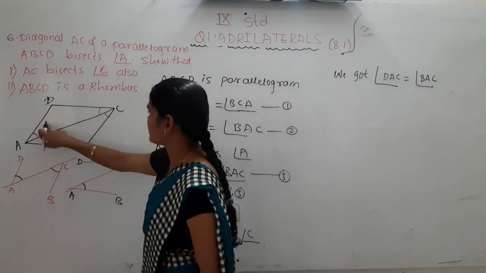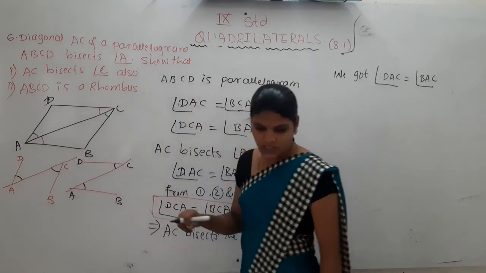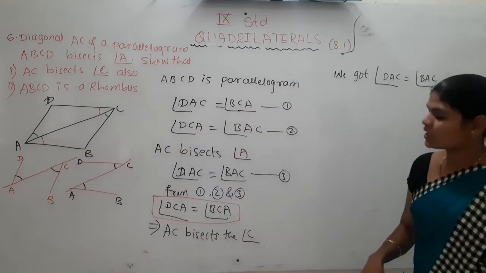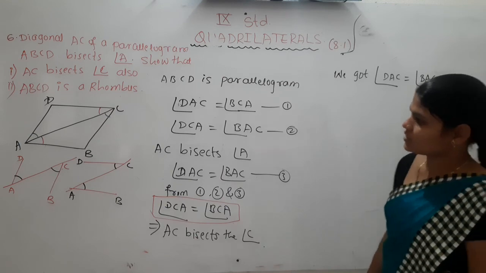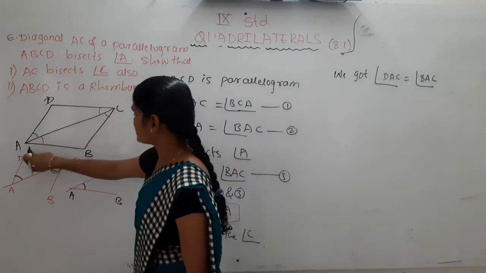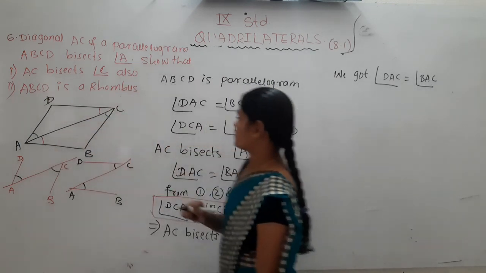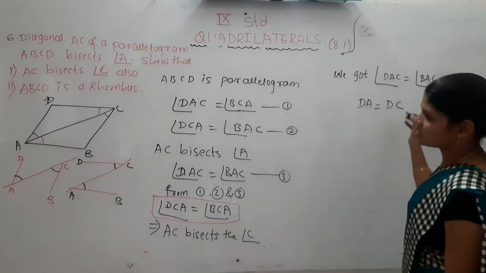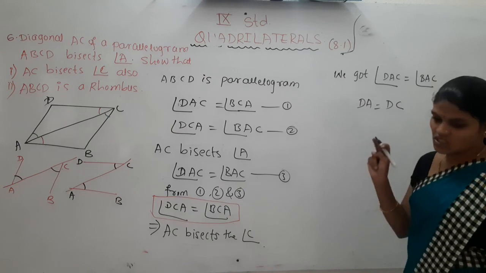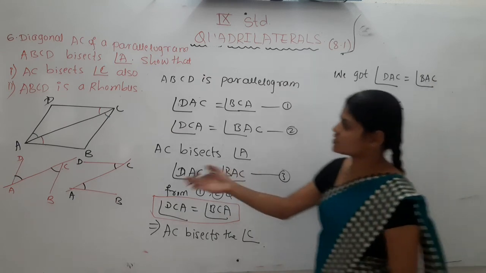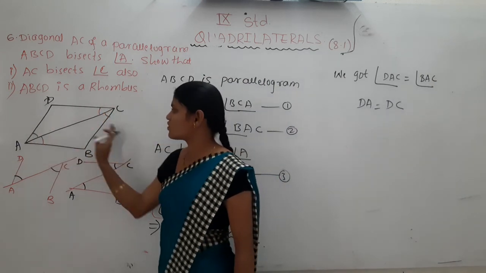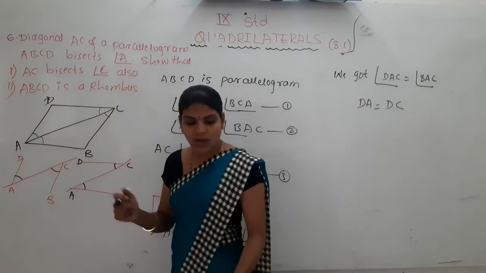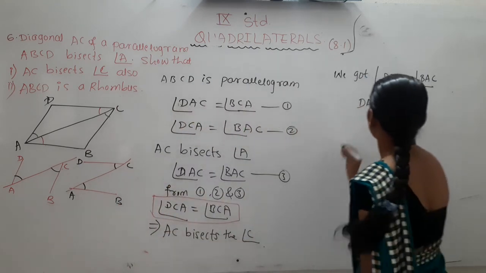These two angles are equal here. If these two angles are equal, then DA is equal to DC. If DA is equal to DC, then its respective opposite sides are also equal here, because this is a parallelogram.